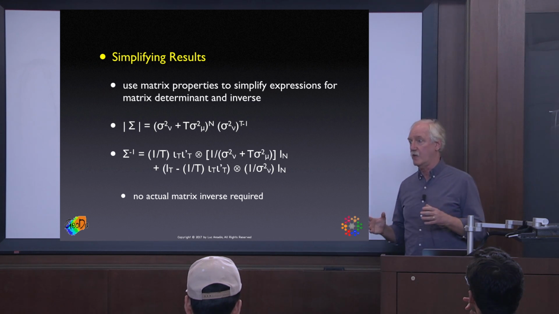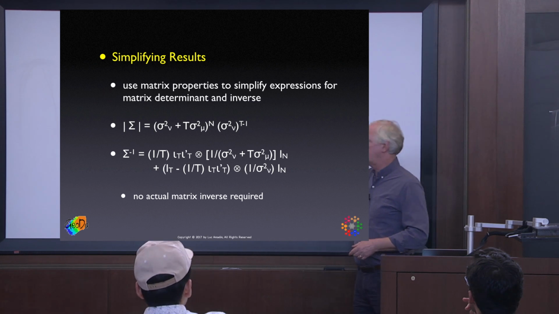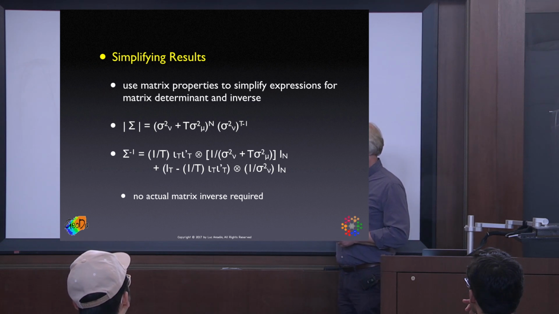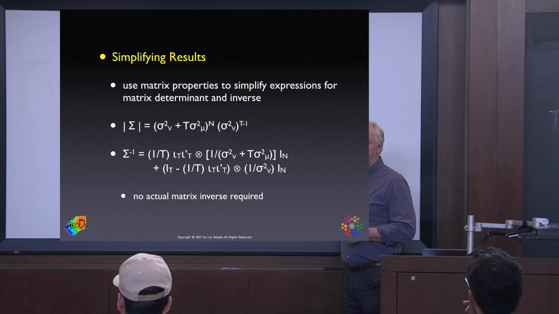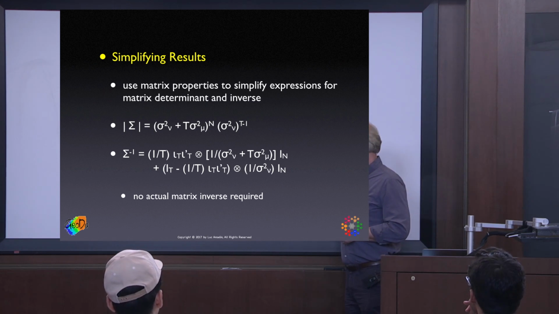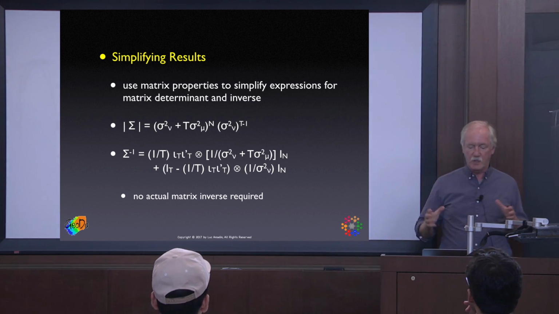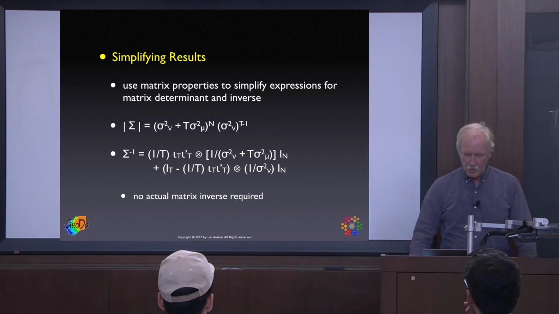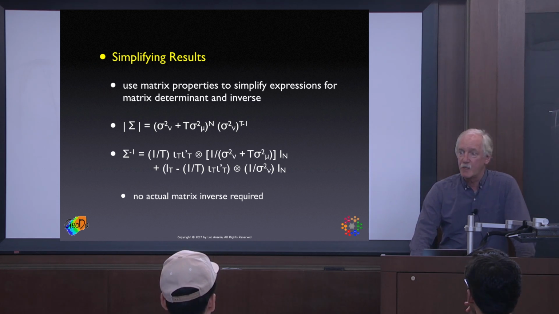You don't want to invert that. And we don't have to, because there's actually no matrix inverse involved in this. We get the matrices through the Kronecker products. These are all scalars. That's the within variance, and that's the between variance. We get the matrices from these blocks of ones and identity matrices. That's one of the most powerful results in the estimation of panel data of the random effects kind.